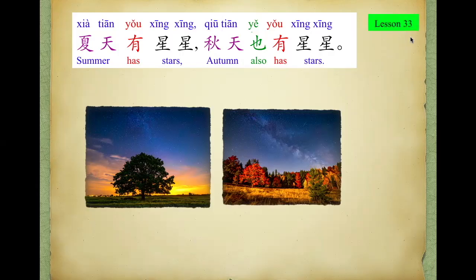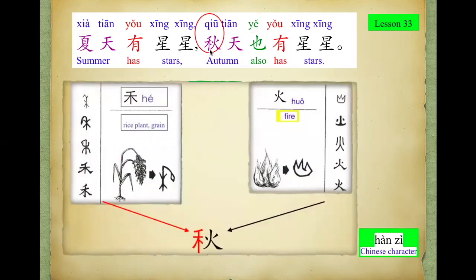In lesson 33, we have learned 汉字秋 means autumn. 秋 is composed of 禾 and 火. 禾 means rice plant or grain. When 禾 becomes a radical, it often changes its form to make room for other components in the character.